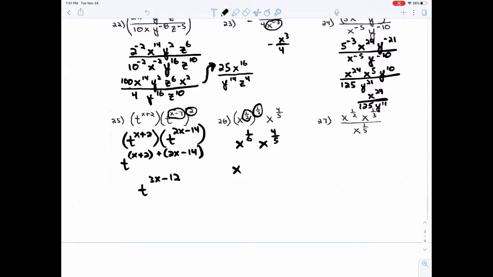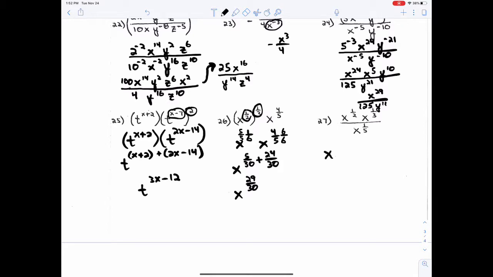So this will be 5/30, because 1/6 is 5/30, plus 24/30. And why is that? Because the common denominator is 30, so you multiply top and bottom by 5/5 on the first fraction and by 6/6 on the second fraction. It's just adding fractions. And then we combine them and get x to the 29/30.